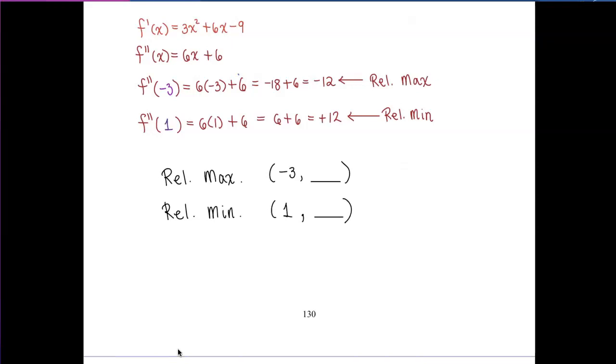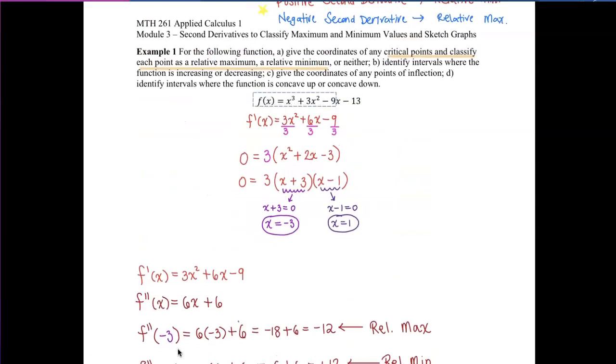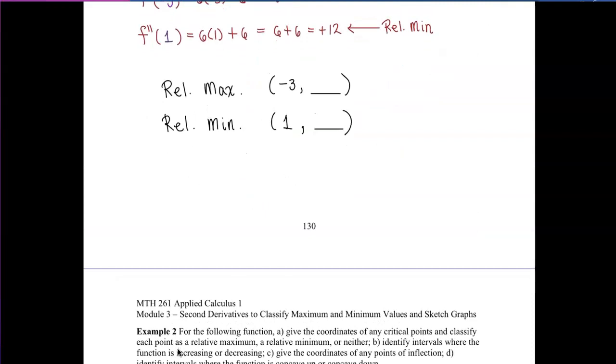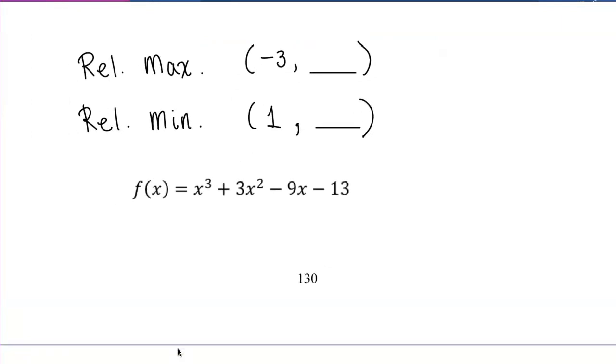So this is where we now use the original function. Copy down the original function down here to find their corresponding y values. Okay, so this is nothing more than just plugging in x into the function. So let me do that. What is f of negative 3 and f of 1?